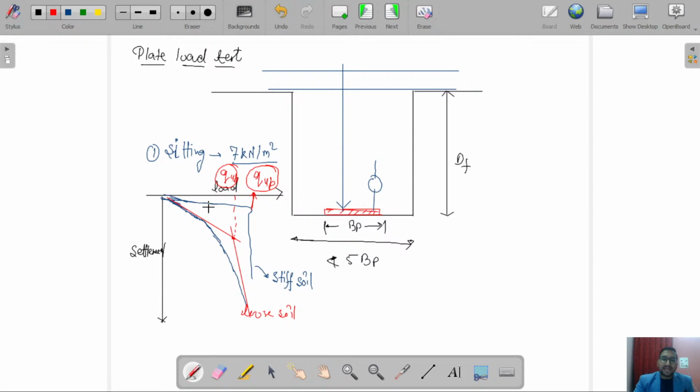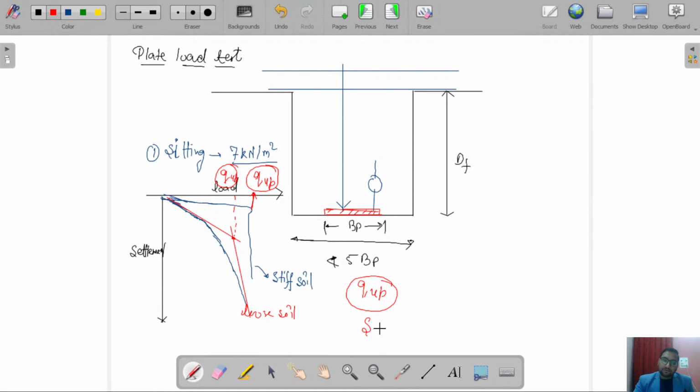Or we can represent this load, or pressure versus settlement curve, in log scale. Then also we will get one exact failure load at which our soil fails. Now we get QU of plate, that ultimate bearing capacity of plate.